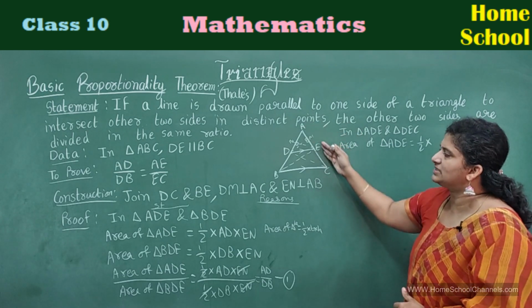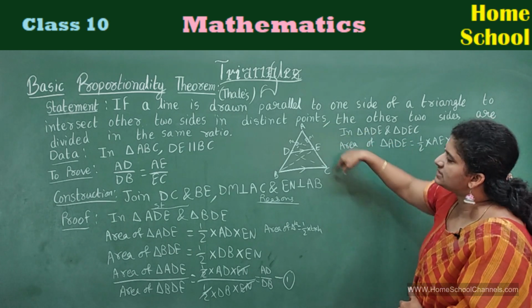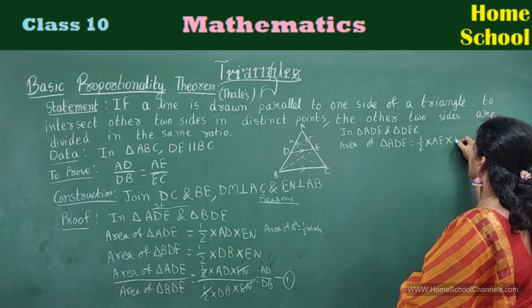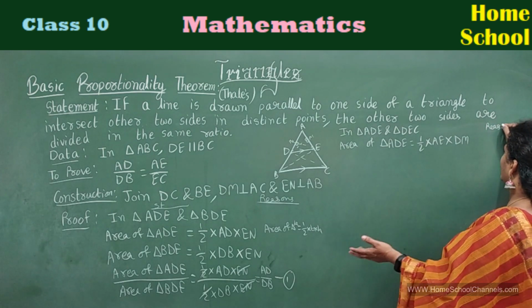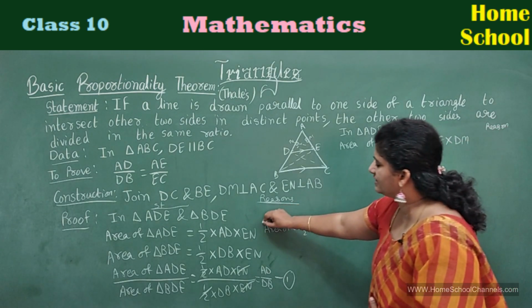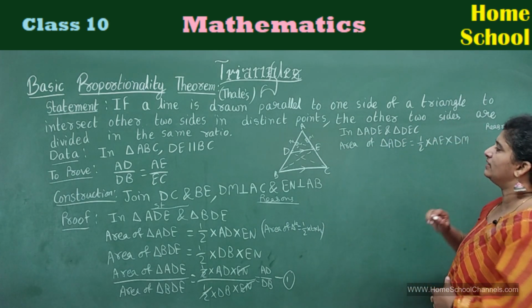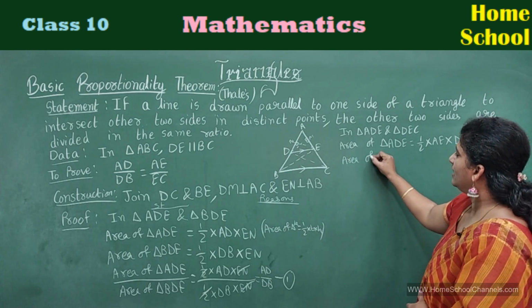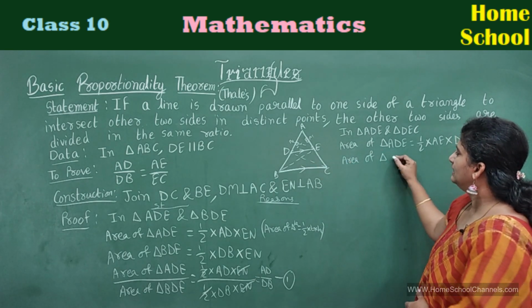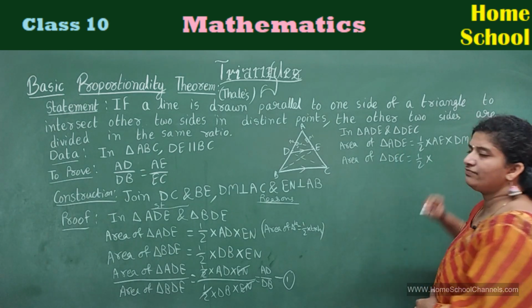Okay. Now base, what am I going to take? AE into. On this line, what is the perpendicular you can see? DM. Again in reason, same manner you can write area of a triangle is equal to half into base into height. Same you repeat the reason here. Then again another triangle, area of triangle DEC is equal to half into.